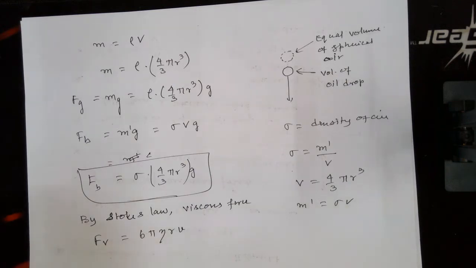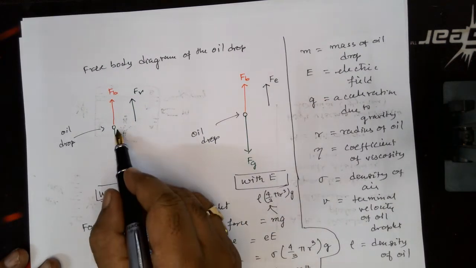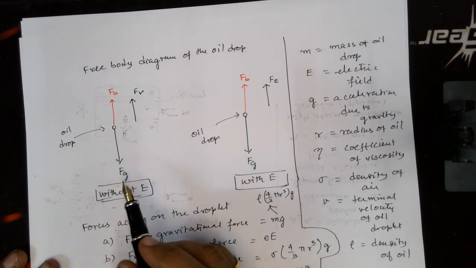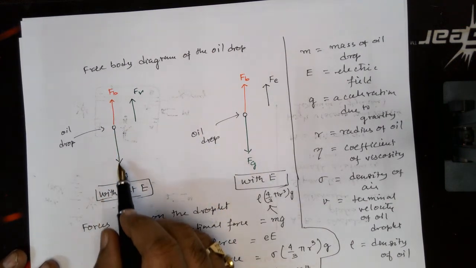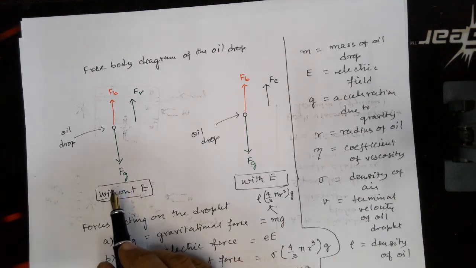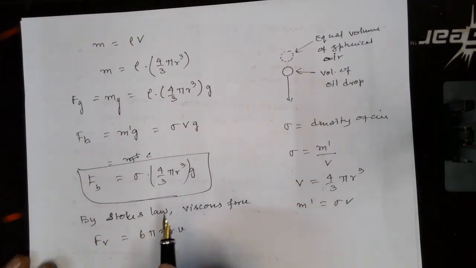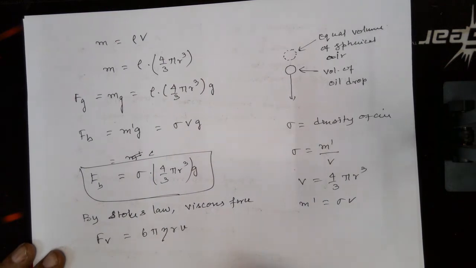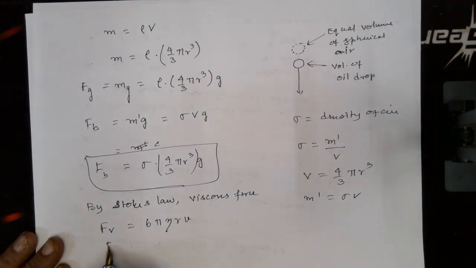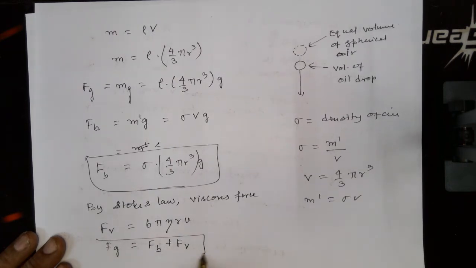Now from the free body diagram we can find that Fg, the downward force, is equal to the sum of two upward forces. Are you able to follow this? What are those upward forces? Fb and Fv. Therefore Fg is equal to Fb plus Fv. Okay.